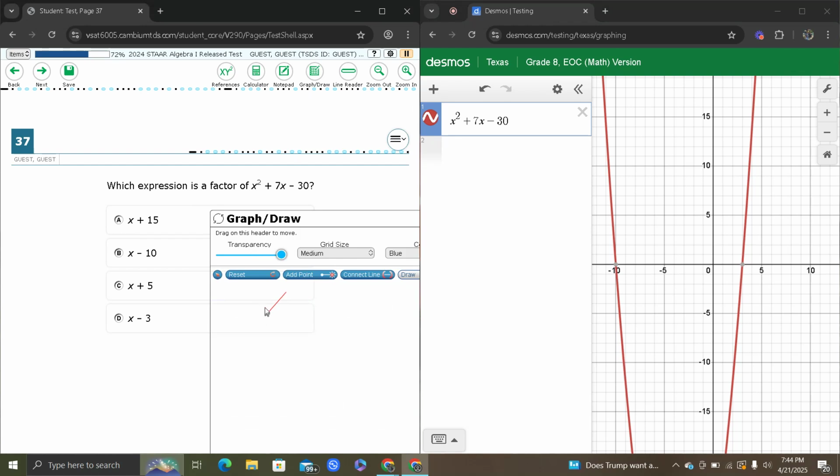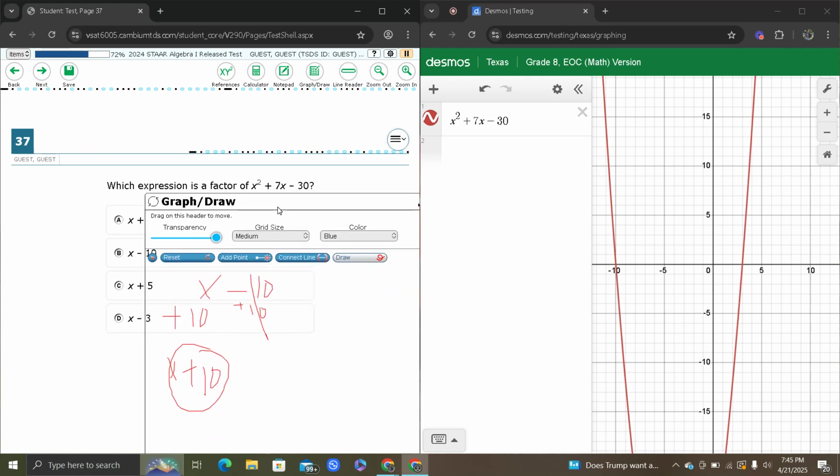You're going to have x minus 10, and you do the opposite. The opposite of negative 10 is positive 10. So negative 10 and positive 10 cancel each other out, and x plus 10 turns into x plus 10. So one of your factors is x plus 10.